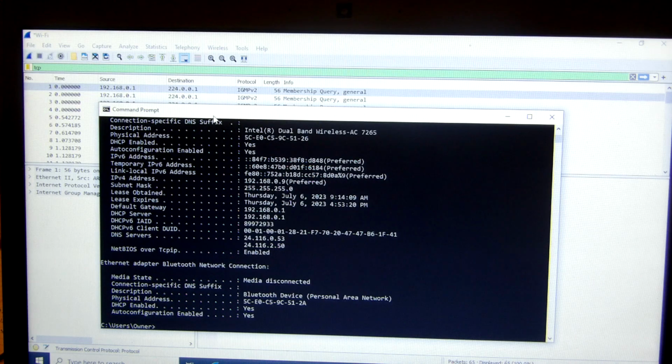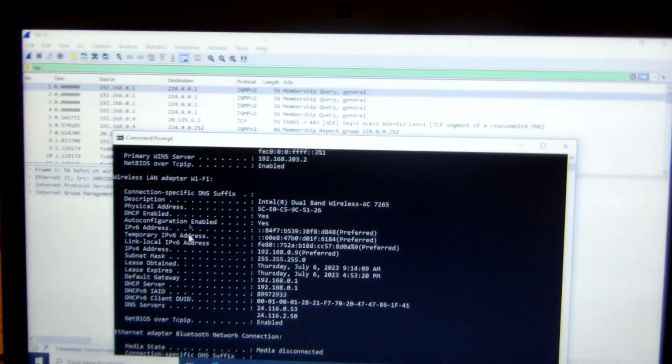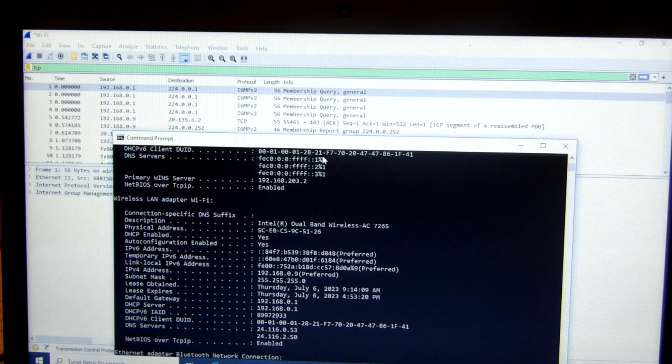Okay, you see that your IP address is this one here, 192.168.0.9, and it shows here the destination.